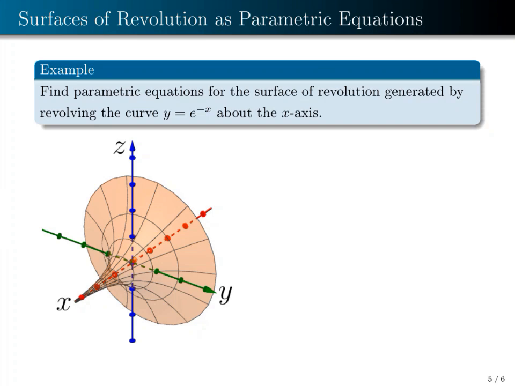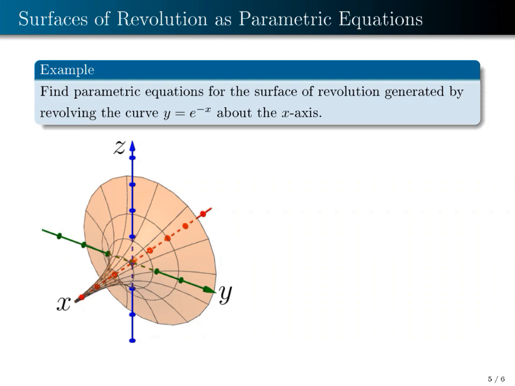The curve y equals e to the minus x is located in the xy plane, and the SOR is obtained by rotating the curve about the x-axis. From our discussion, we conclude that a parametrization of the SOR will have parameters theta and x, since the axis of rotation of the SOR is the x-axis.